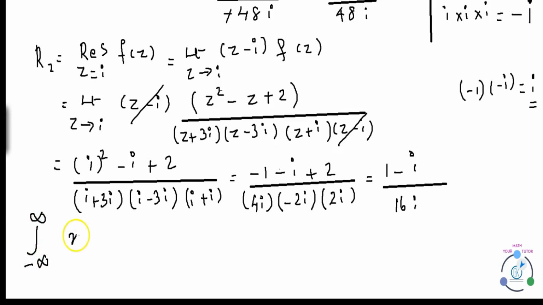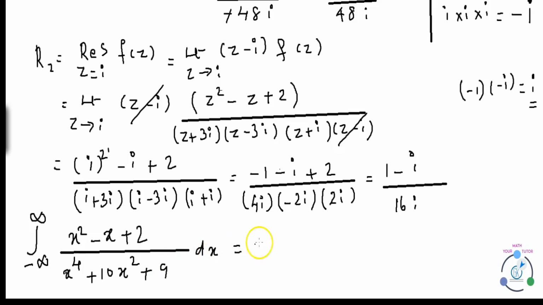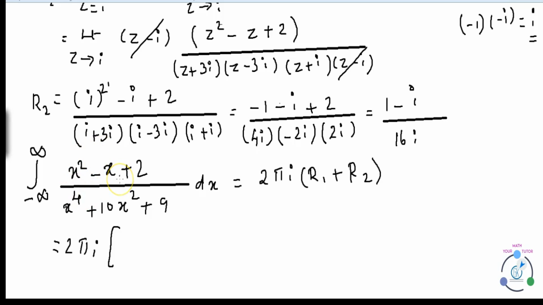By using Cauchy's residue theorem, the integral from minus infinity to infinity of x square minus x plus 2 by x raised to 4 plus 10x square plus 9 dx is equal to 2 pi i into the sum of residues r1 plus r2, which is equal to 2 pi i into the residue at z equal to 3i, which is 7 plus 3i by 48i, and the residue at z equal to i, which is 1 minus i by 16i.